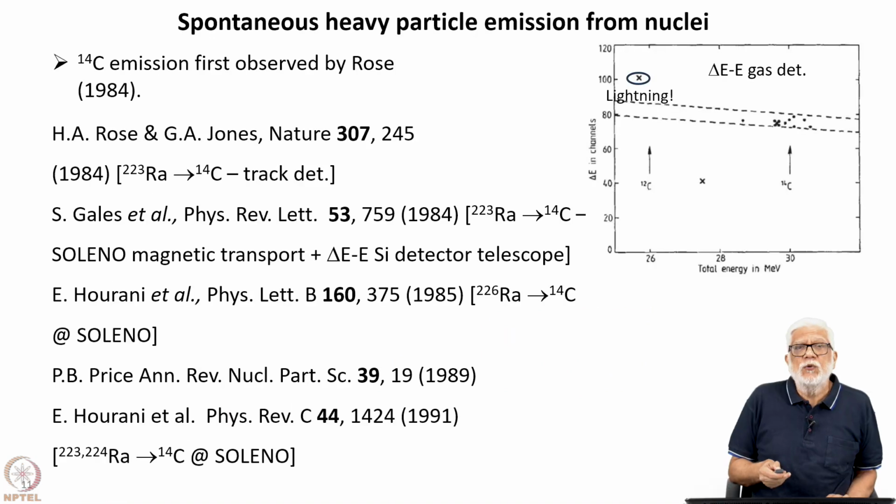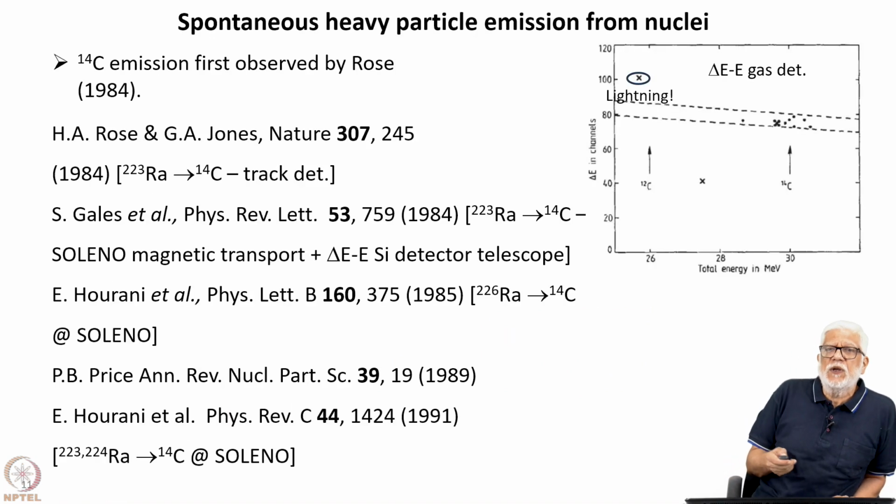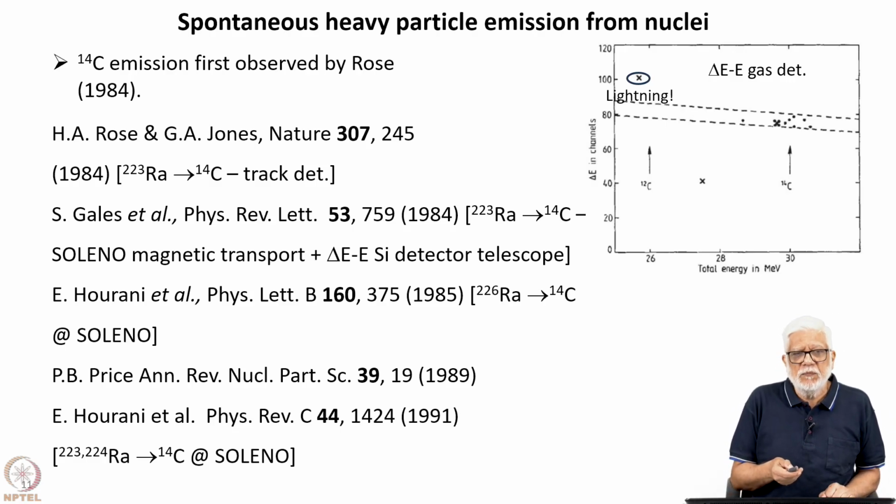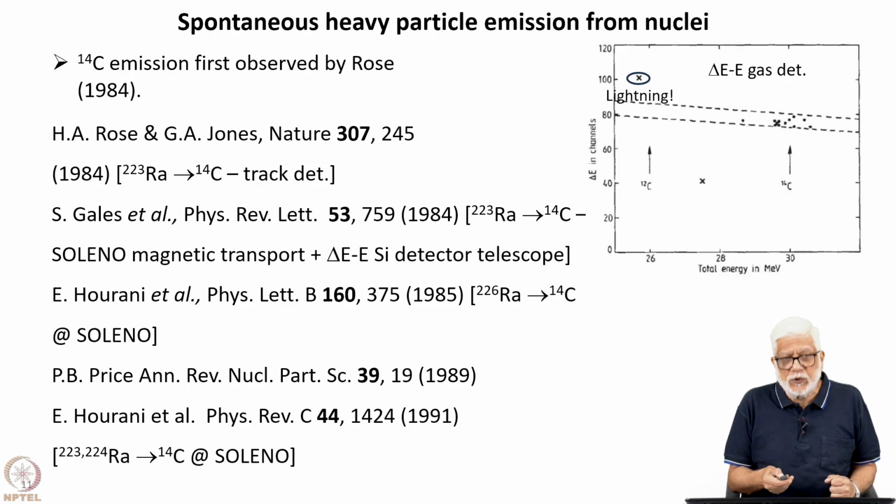Okay, now, just like you can have alpha emission, which is the most prevalent, of course, you can also have something called heavy particle emission from nuclei. This was seen by several groups, and of course was studied in greater detail by many groups: the French group at Orsay, a group in the US, and a group in the UK.